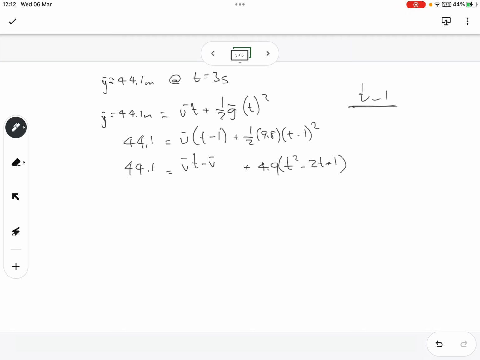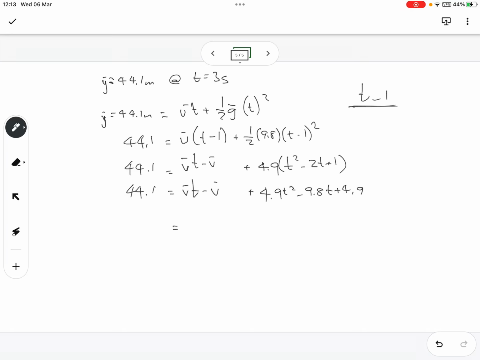Okay, so I've just expressed this equation in terms of v and t: 4.9t squared minus 9.8t plus 4.9 plus vt minus v equals 44.1.